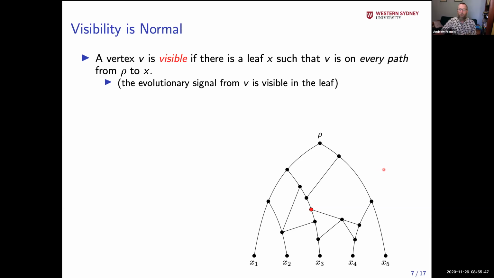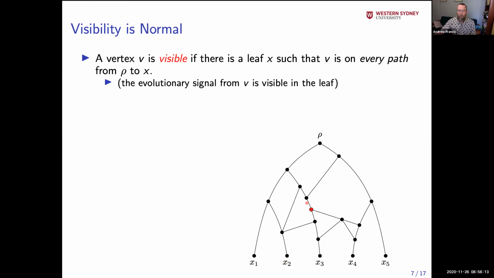So the one I've highlighted in red here is a visible vertex. There are several in this network. This is the example I had up a bit earlier. This vertex is visible because there is at least one leaf for which this is on every path from the root to the leaf. So it's not, for instance, this one. This leaf does have this vertex on a path from the root to the leaf.